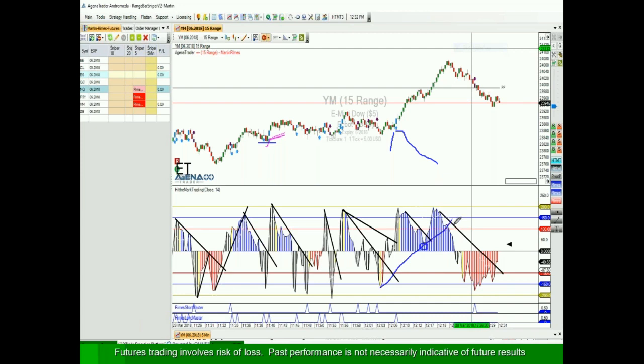All right. So there's my short. I'm not good at this drawing lines business, but you get the picture. And you see that because we're using a momentum indicator, your stop is going to be whoever's higher.